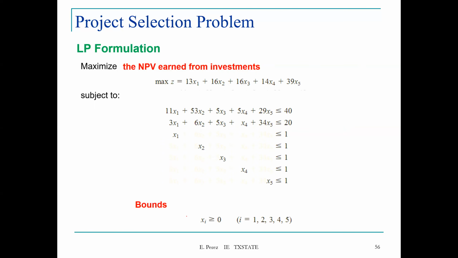The first one is looking at the amount that you are going to invest at time 0. And then this is at time 1. And each investment has to be less than or equal to 1. So we have 5 options. All of them have to be less than or equal to 1. And that's your formulation for the investment or project selection problem.